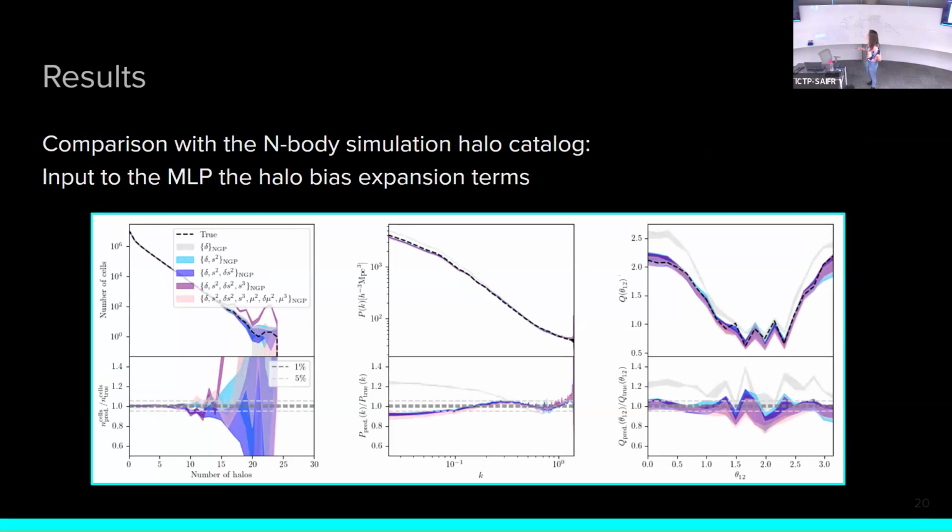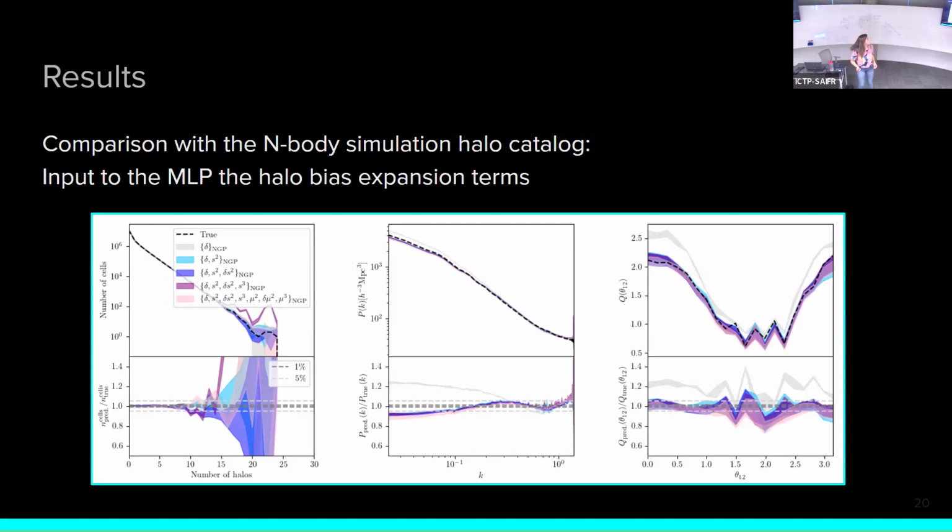So now, after doing this, the different colors are different inputs. I start only with the local density, and unfortunately I don't think you can see anything. I'm sorry about that. But when you input only the local density, you have this huge bias in the power spectrum on large scales. Then I try to include additional information to see how things improve.